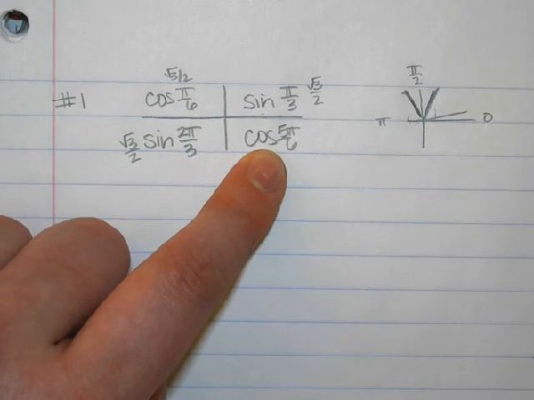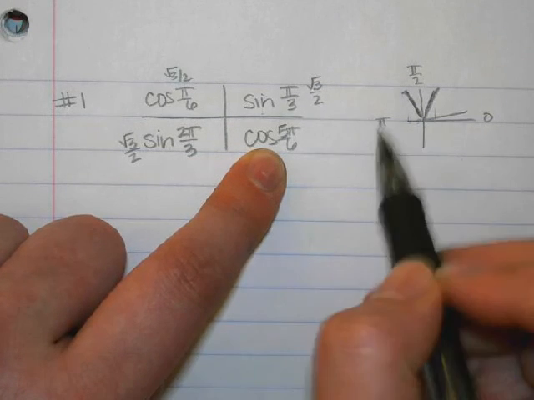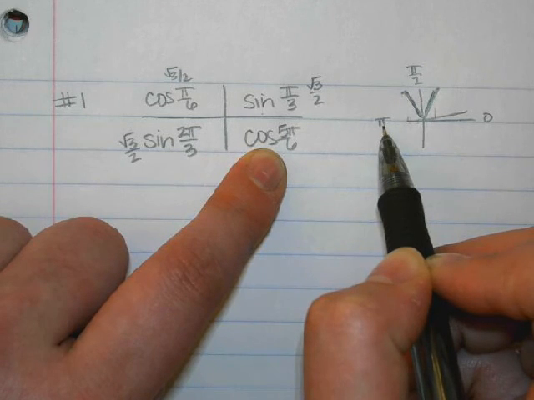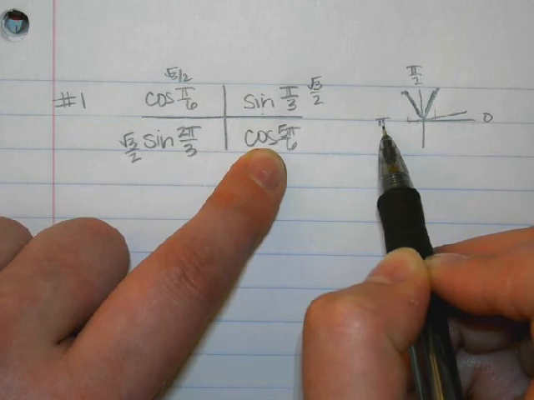Okay, cos of 5 pi over 6. So if pi is 6/6, then where does 5/6 show up?